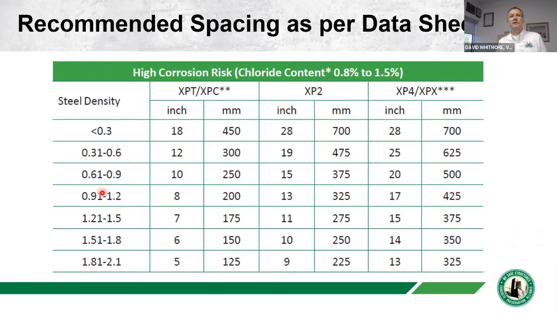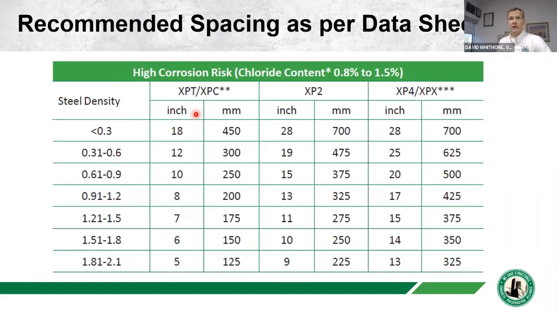And if we go to a steel density of around 1, which we calculated before for this bridge deck example that I just showed you, at least with regard to our galvanic anodes, which I'm just using as an example, you have 3 options that will come out. Well, you have 5 options, but 3 different spacing charts.